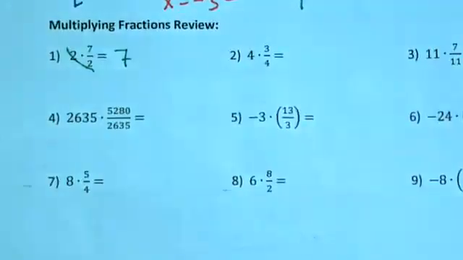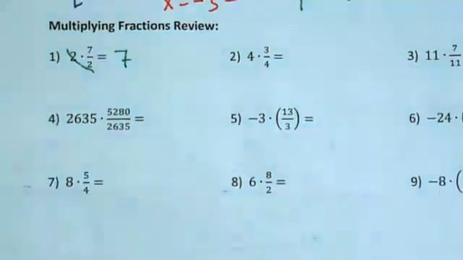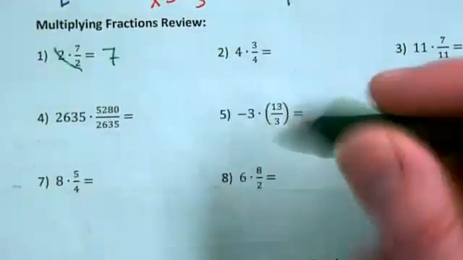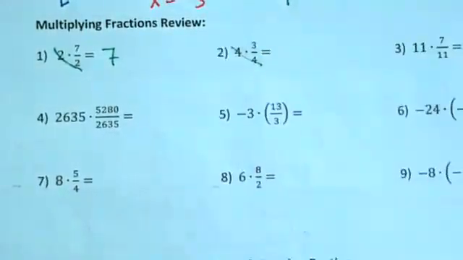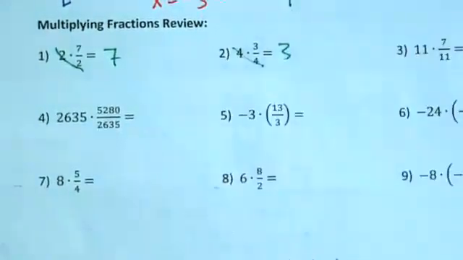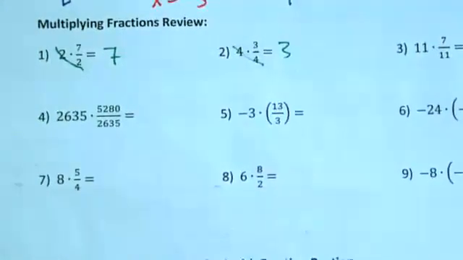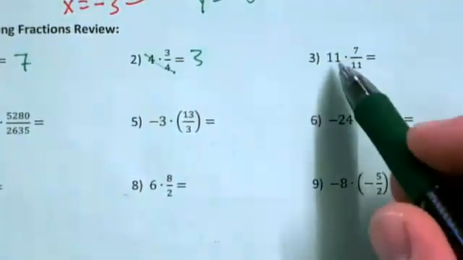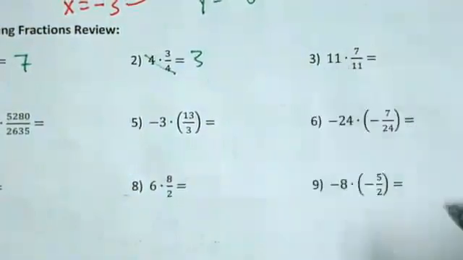Did you guys know this trick? If you multiply a fraction by the number that's in the bottom of your fraction, they're just going to cancel. This is just going to end up being 3. Are you getting this down in your notes? Even if the fractions get a little bit bigger, like this is 7 over 11 times 11, that's okay.